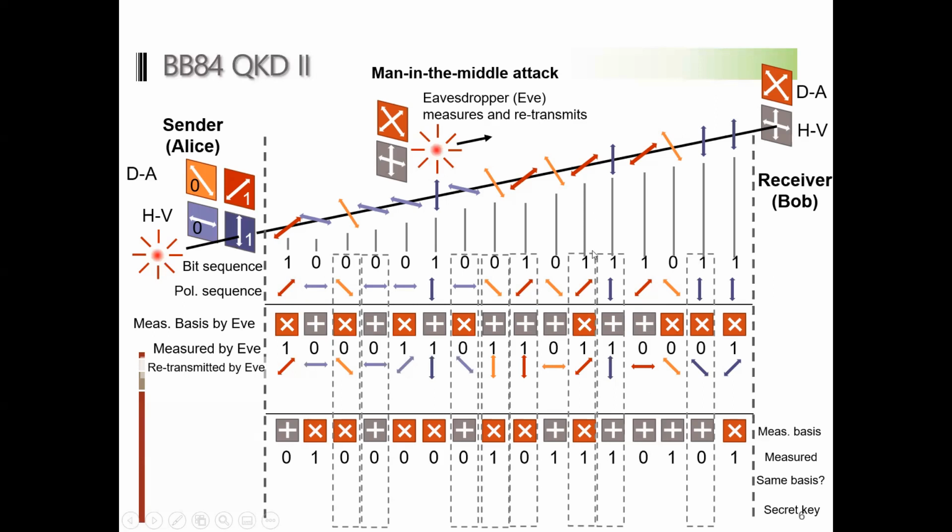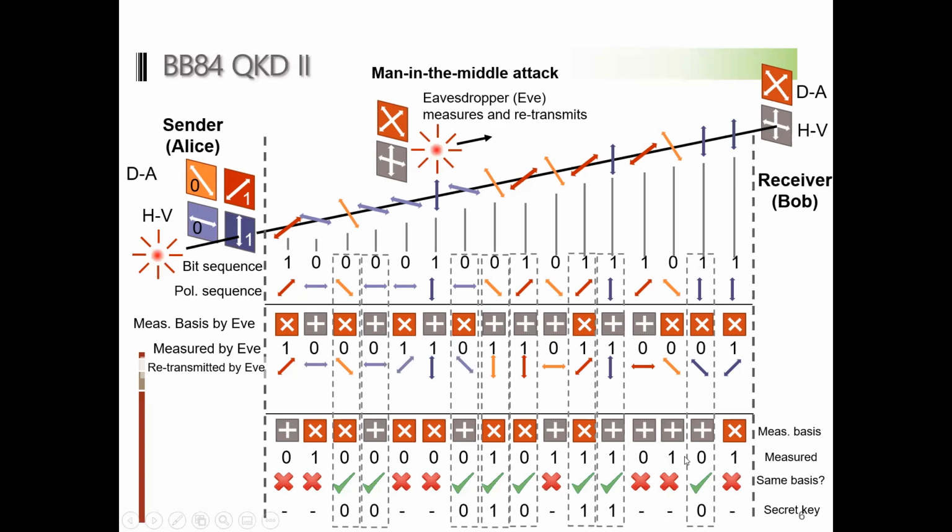Maybe Eve might also get such information. But now, if I compare the measured results like before, because currently Alice and Bob are not aware of the existence of Eve, they will just assume that in the cases when the same bases are used, the sent information and the received information should match.